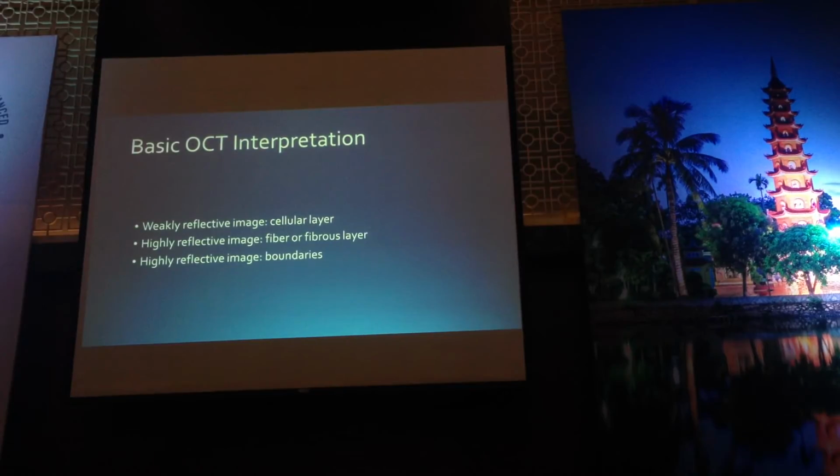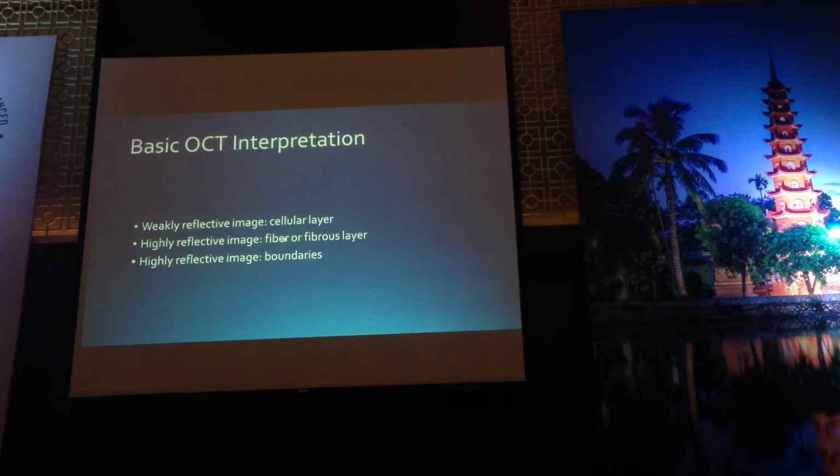Why some layers of the retina have higher reflectivity and some bands have weak reflectivity. So basically, we have the OCT image, which is like layers of the retina, right? And we have some layers which are weakly reflective. For example, the cellular layers of the retina have weakly reflected images on OCT.